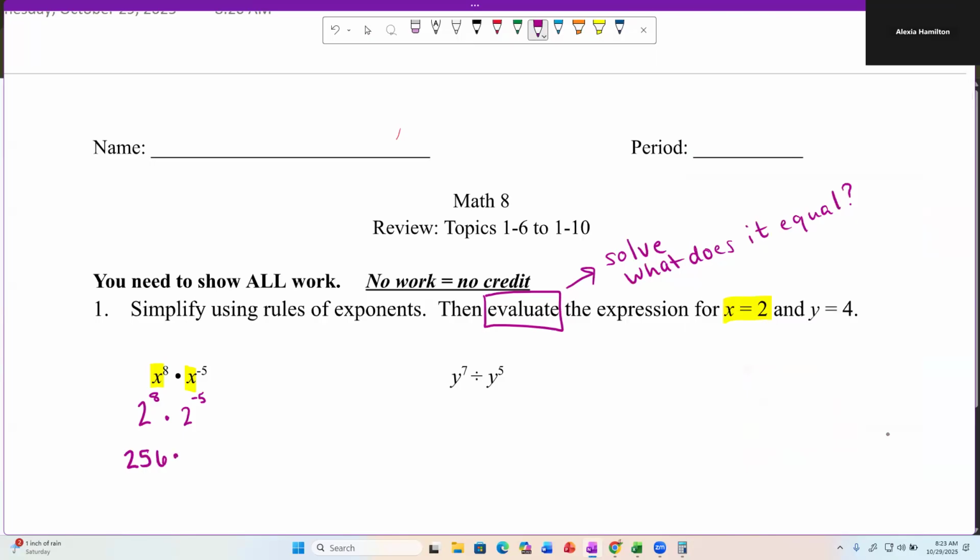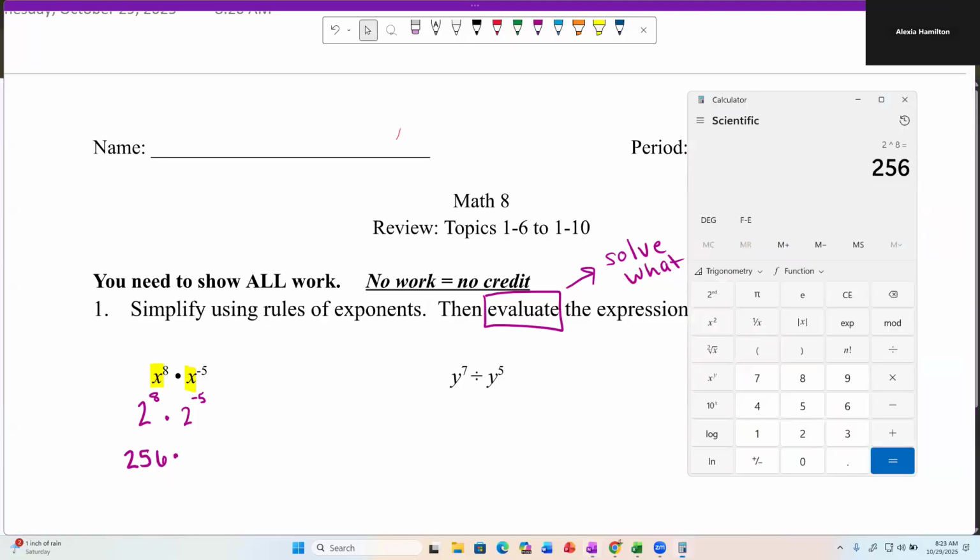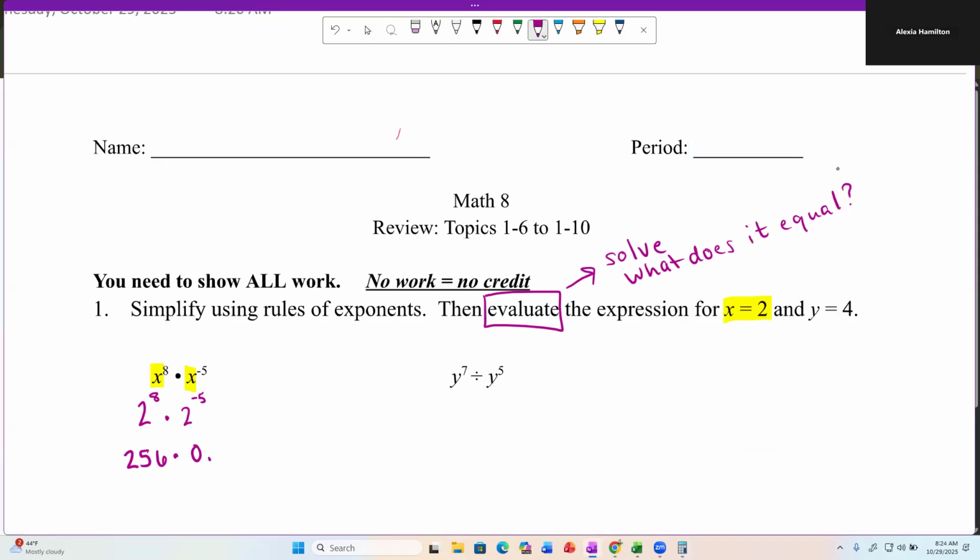And then I'm going to multiply that by whatever 2 to the negative 5th is. 2 up arrow 5. I want to make it negative. Again, on your calculator, you would do 2 up arrow negative 5 if you're using my handheld calculators, which on the test you will, that's the only calculator you are allowed to use. All right, so that is a lovely decimal of 0.03125.